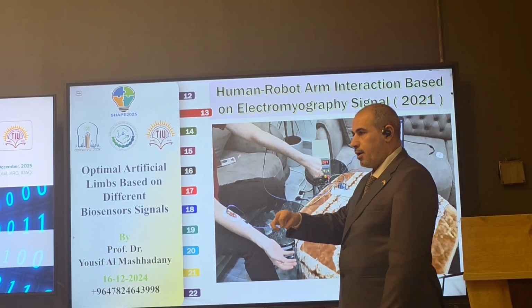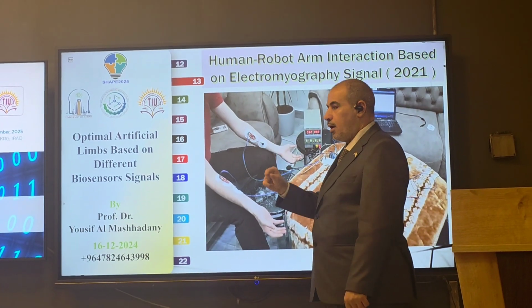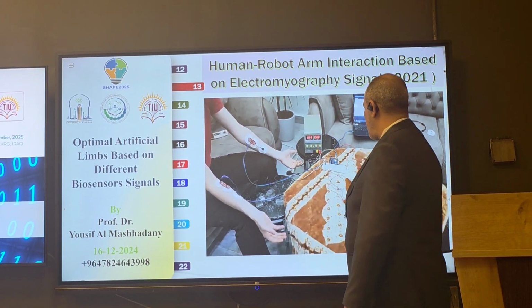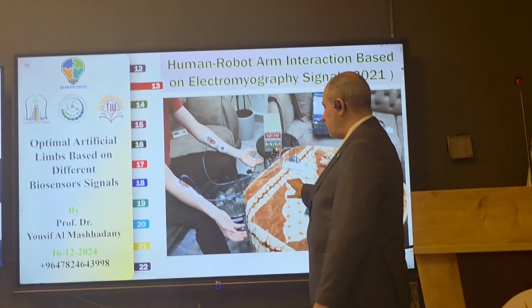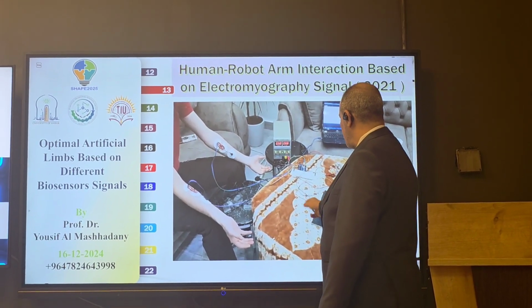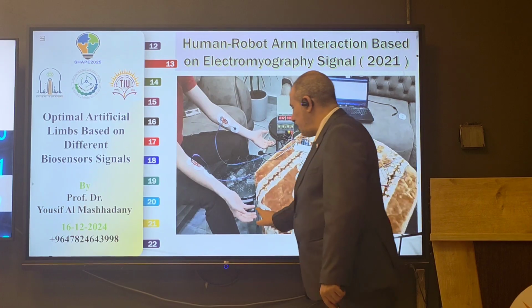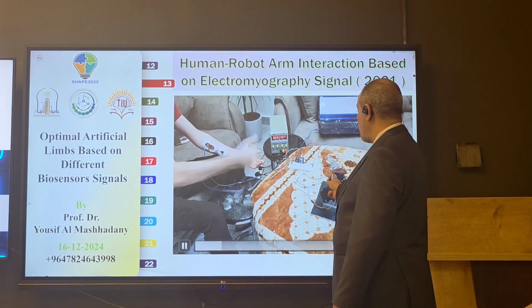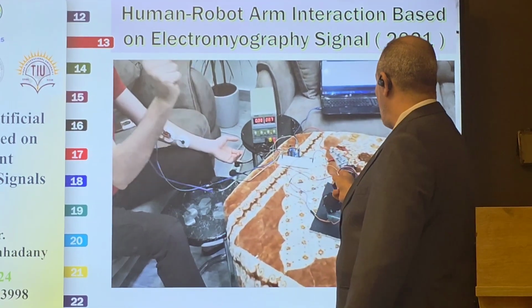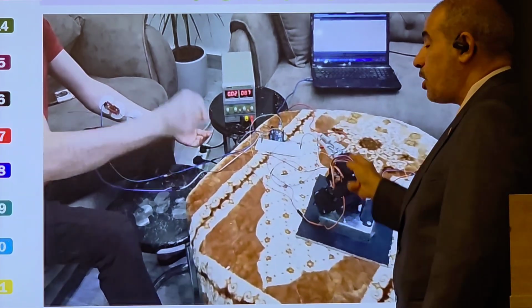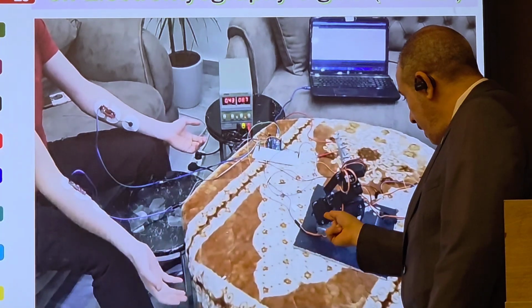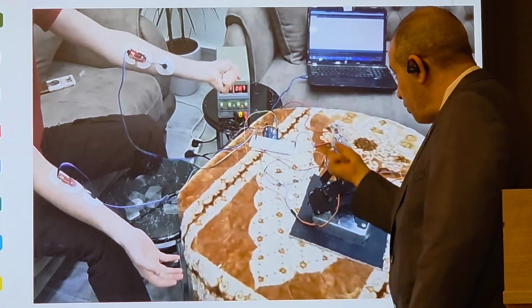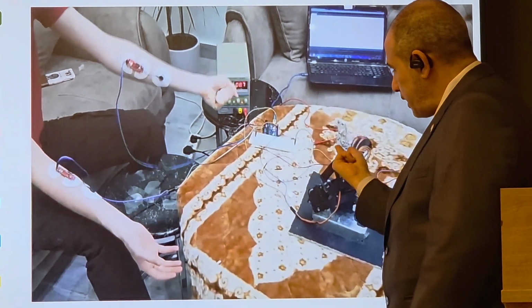Detect signal from the skin, filter the signal and amplify, and then apply two features, amplitude and duration, to interact with the robot. This is to synchronize the elbow joint and wrist joint. Therefore, this robot has 6 degrees of freedom, but this joint and shoulder joint do not move. Move just the elbow joint and wrist. Look, this full synchronization.